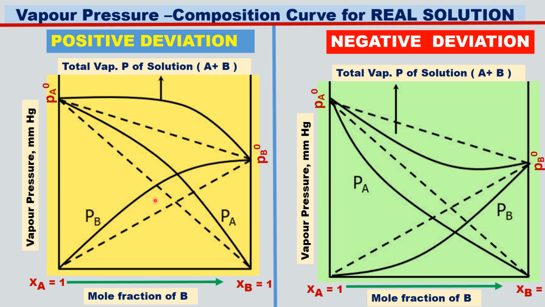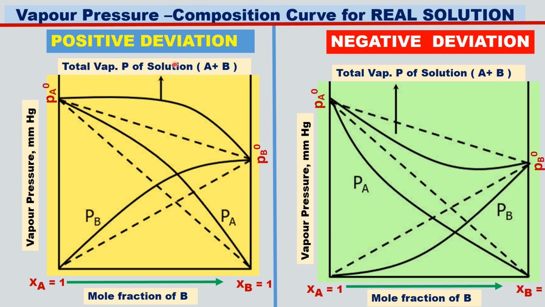Similarly, let us take pure B, and then you add 90 ml B, 10 ml A. So you will get this graph, this line. Because of repulsion between the A and B molecules, the vapor pressure of B is greater than it is predicted based on Raoult's law.